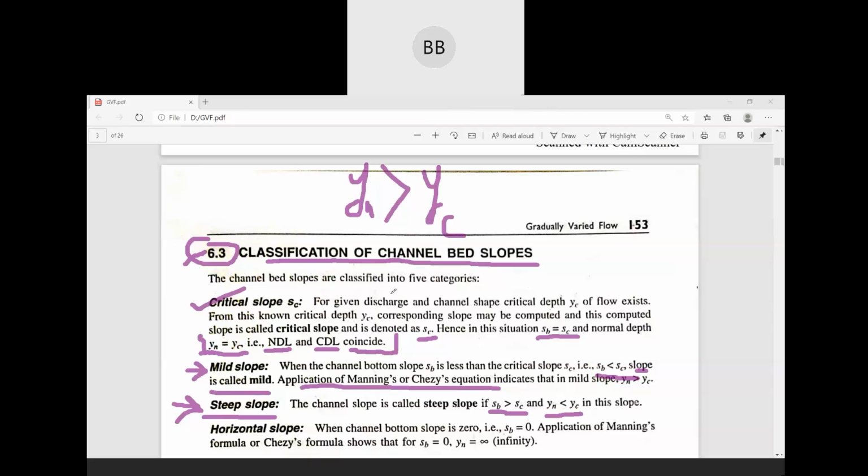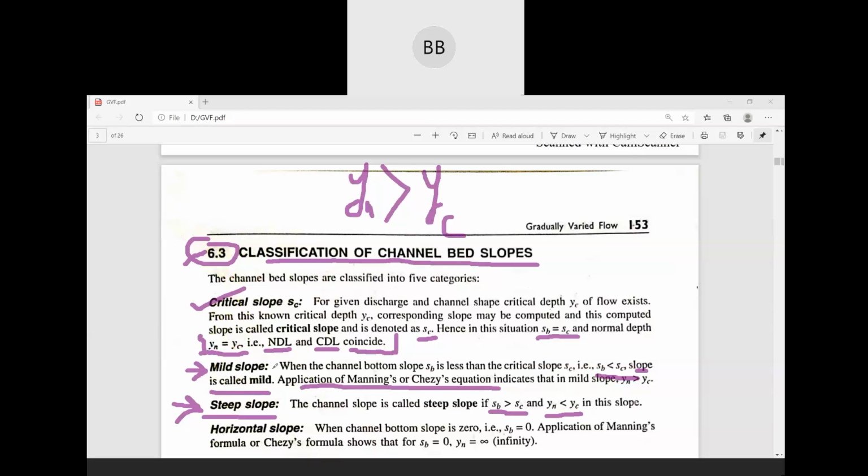In the first case, your bed slope is equal to critical slope. In the second case, that is in a mild slope, your bed slope is less than critical slope. In steep slope, your bed slope is greater than critical slope. And in the first case, your normal depth is equal to critical depth.